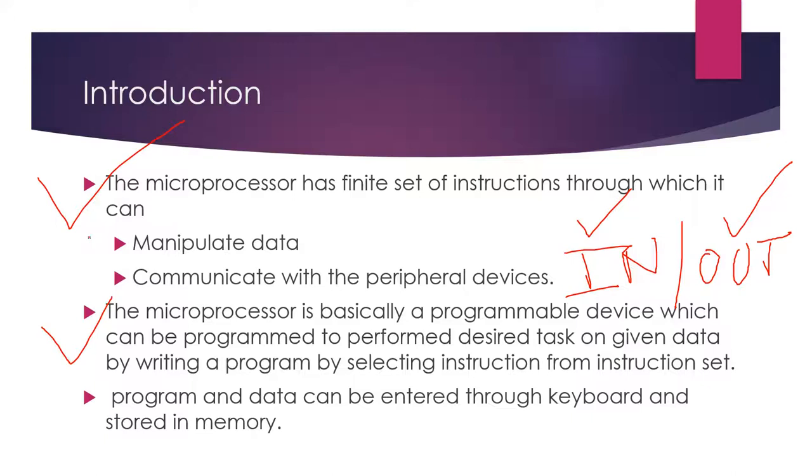Then an instruction is a command to the microprocessor. So if you want to perform any kind of operation, you have to give a command in a particular manner to the microprocessor, so that the microprocessor can do that.